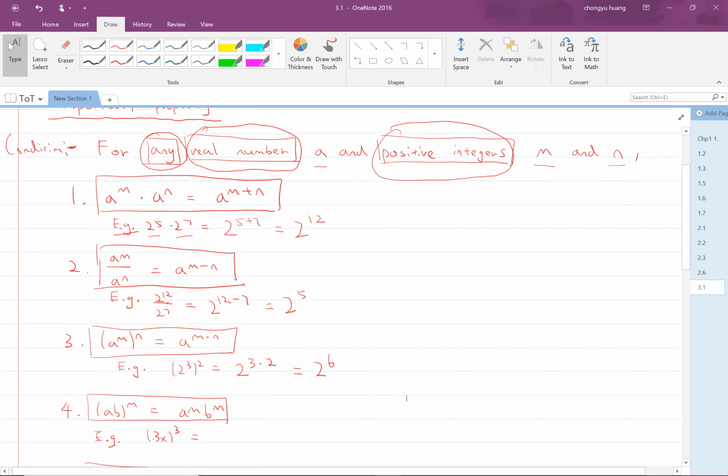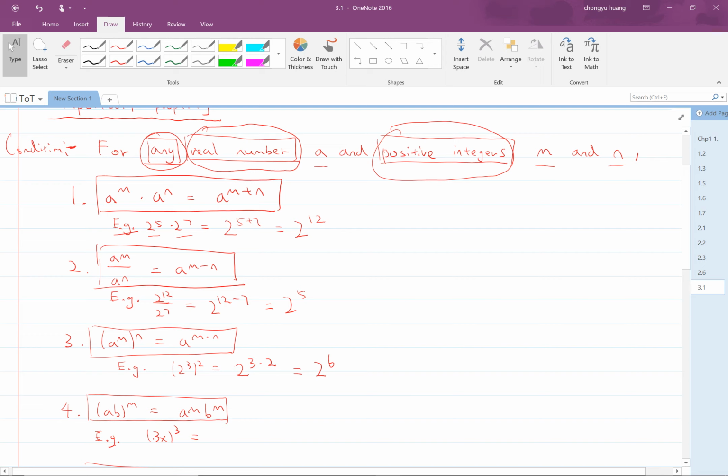And then you can see we have an x, which is just a variable. And then we got m equal to 3, so m equal to 3, and 3 is a positive integer. So we actually hit the condition.